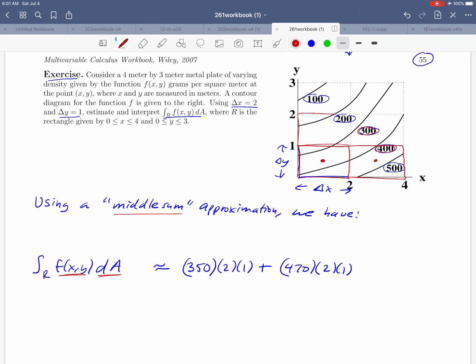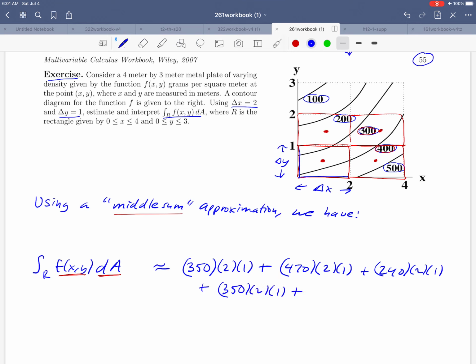So if we jump up here and find the center point, the density there is between 200 and 300. I'm going to take 240 as my estimate, multiplied by the area. Then next we're here, and at the center point the density looks to be maybe around 350, times its area.